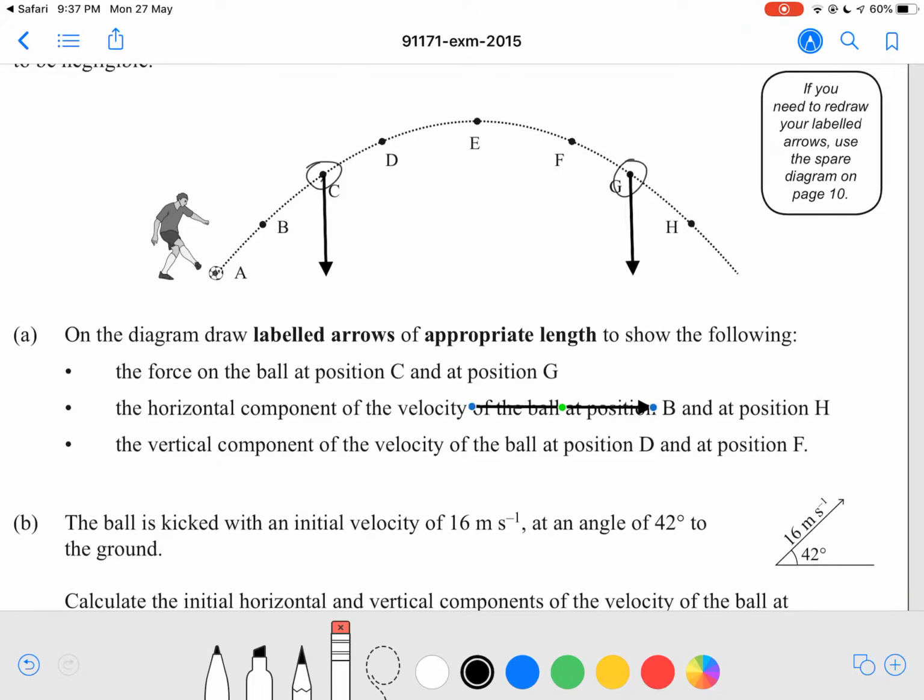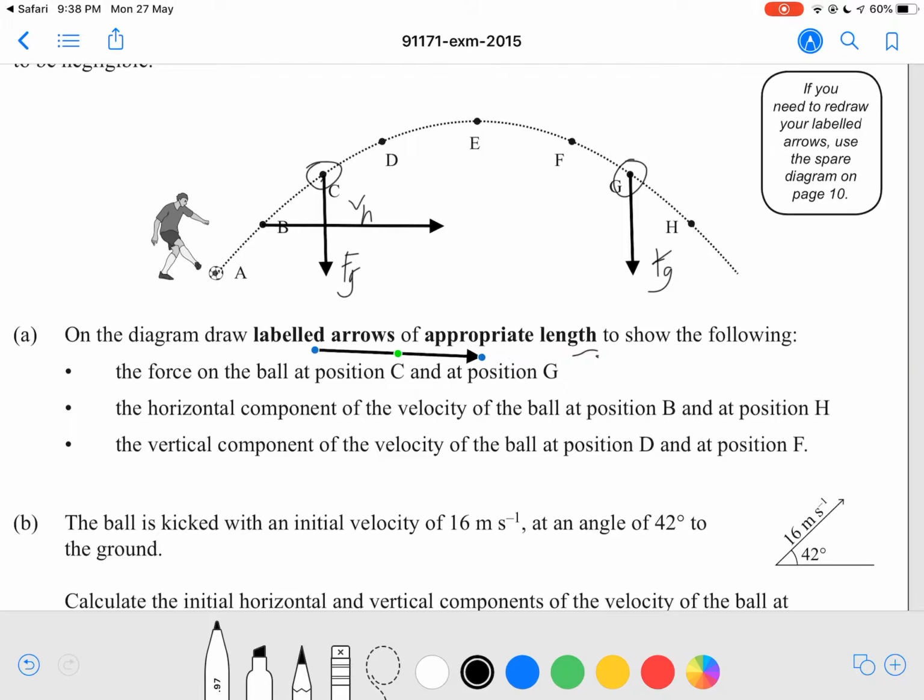Okay, so at point B, we're going to label this F_g going down, and there's going to be a velocity acting horizontally. That's going to be V_H, horizontal velocity, and it's going to be exactly the same sized arrow.